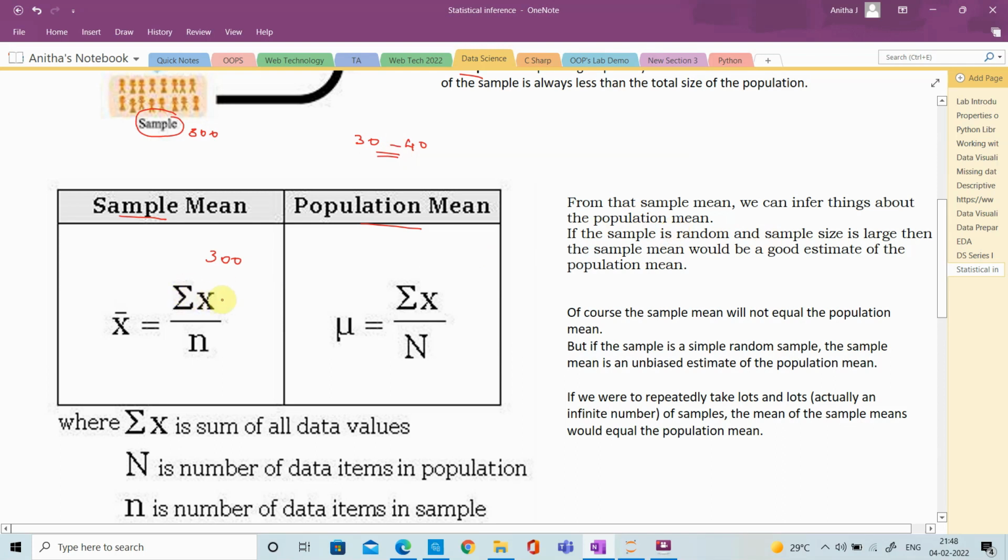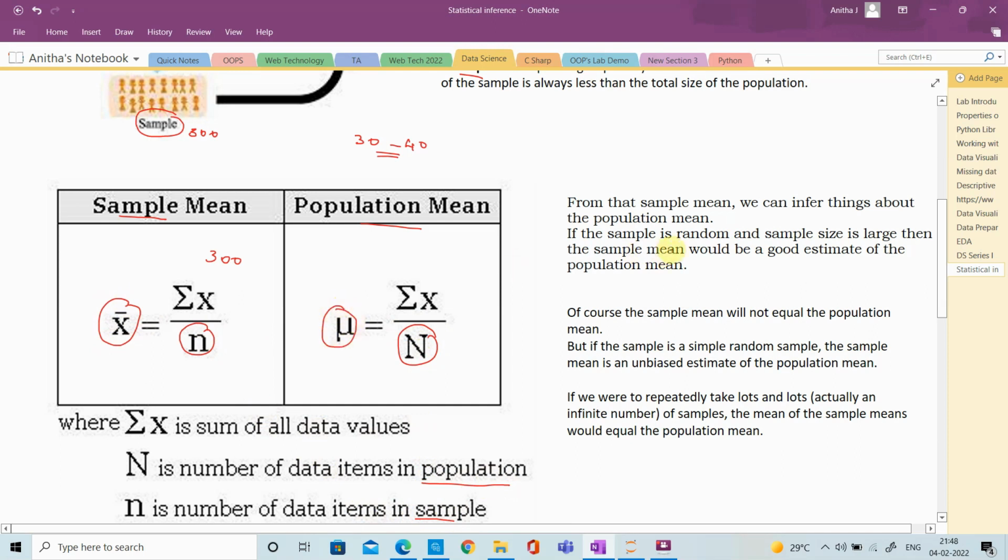Mean is the average of all the data points. Here the small n represents the number of items in the sample data, and the capital N represents the number of items in our population. The x-bar is represented as the sample mean and mu is represented as the population mean.